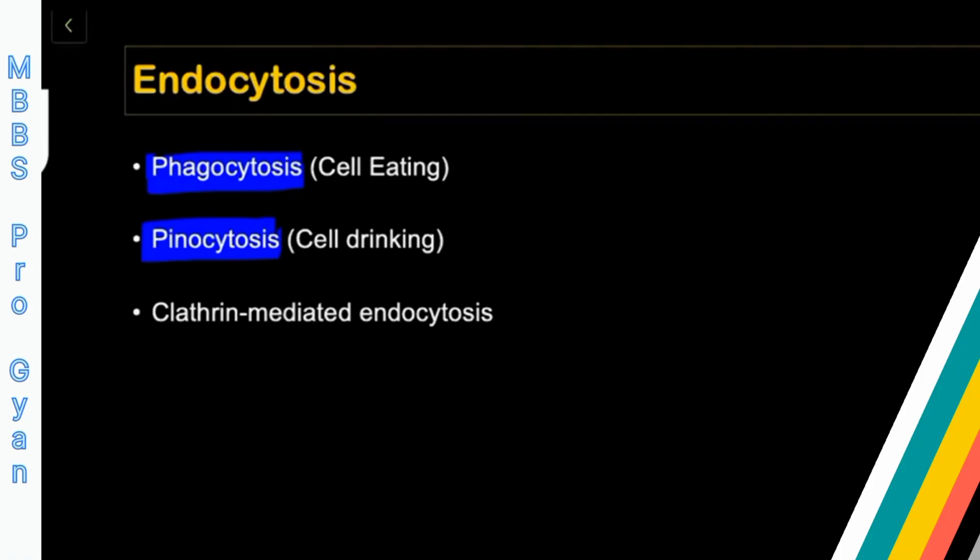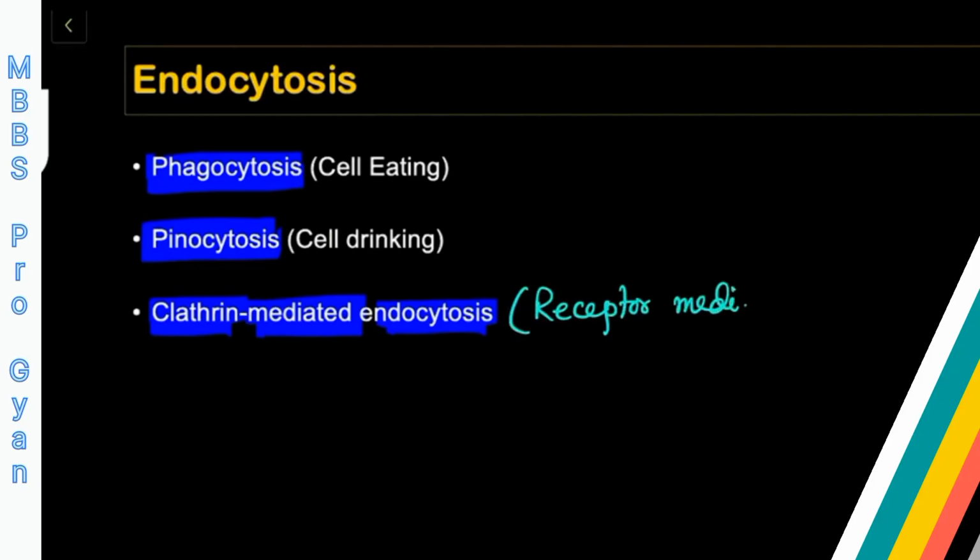And the special one that you have to remember for your MCQ is clathrin mediated endocytosis, which is also known as receptor mediated endocytosis. You remember this word, okay? This will give you the answer in MCQ.